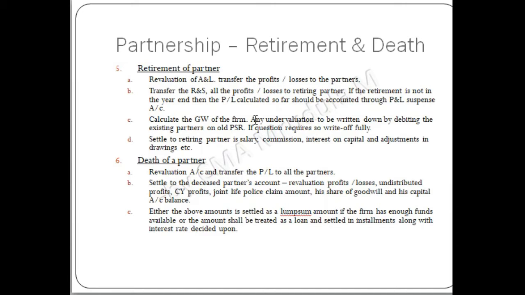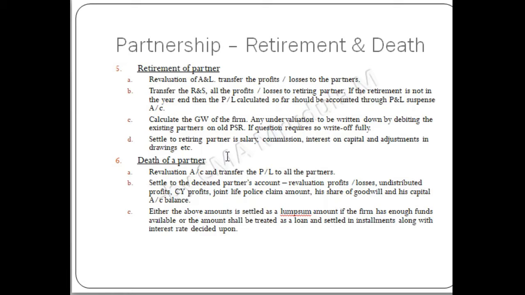If the retirement is not at the year end, then the profit and loss calculated so far should be accounted through the profit and loss suspense account, for the year's trading profit and loss, and also settle the retiring partner's salary, commission, interest on capital, and adjustment in drawings, if any.